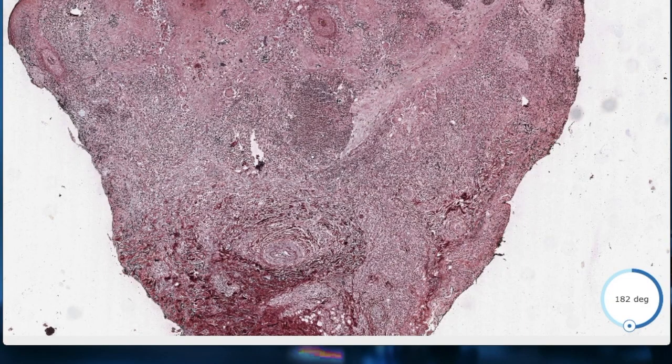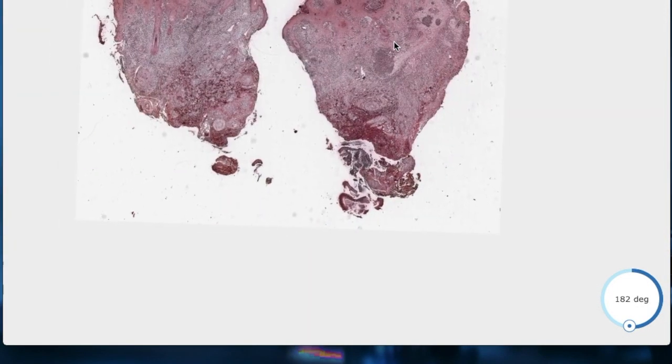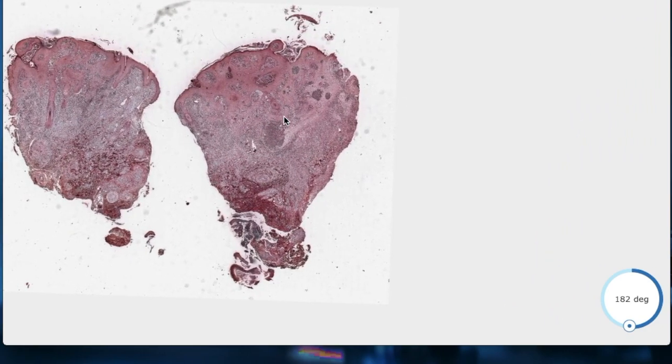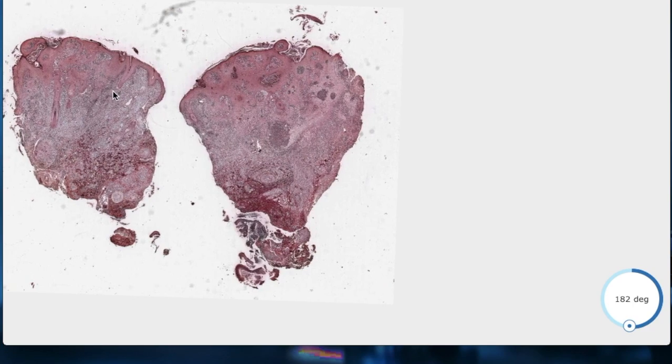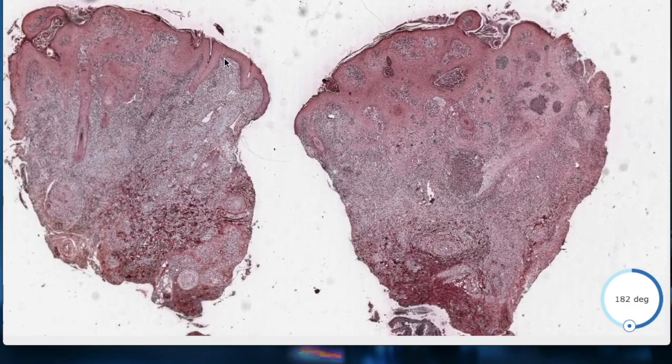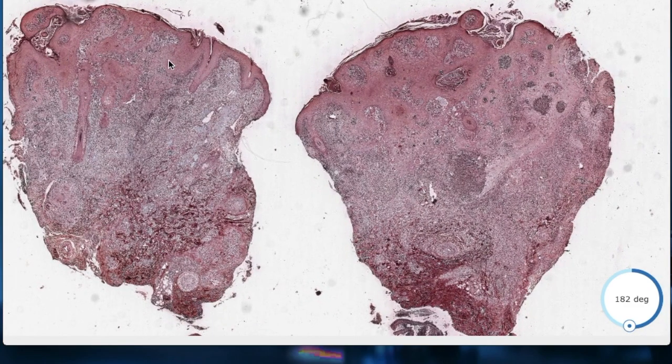So moving on, we have this punch biopsy of this very unhealthy skin where you see the epidermis. It has a little bit of epitheliomatous hyperplasia, especially here, where the epidermis is going in an infiltrative fashion into the dermis.